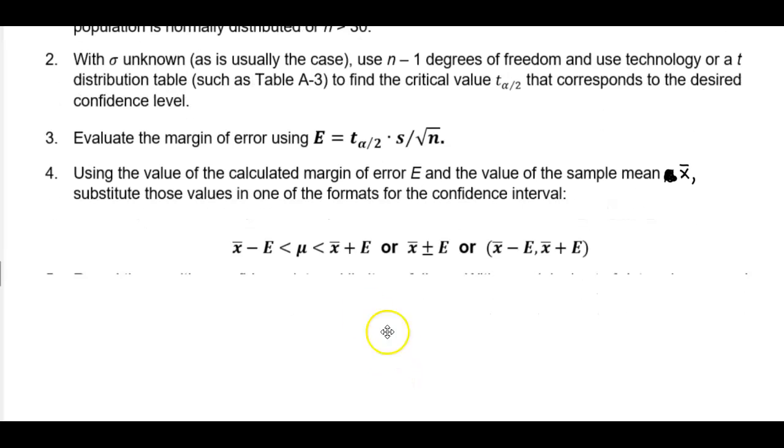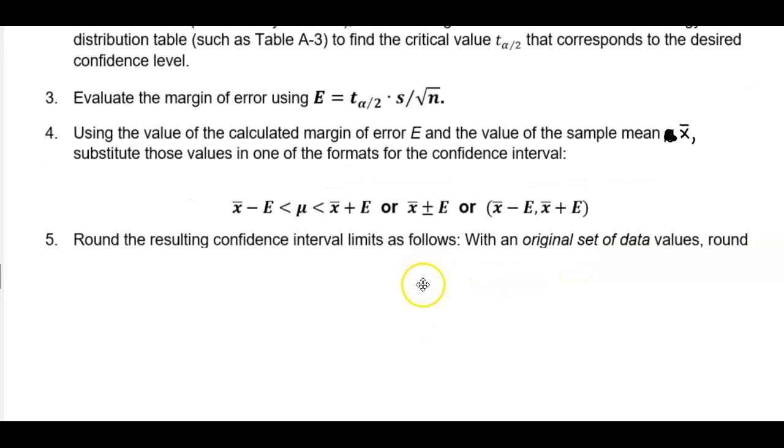So, therefore, we would have the following: x bar, or the sample mean, minus the margin of error, the sample mean plus the margin of error, and the mean, the population mean, would be in those two values. Or we would say that the sample mean plus or minus the margin of error, or in interval notation, we would say the sample mean minus the margin of error, comma, the sample mean plus the margin of error.